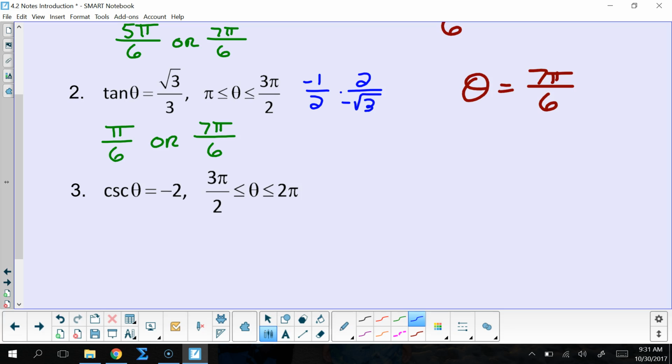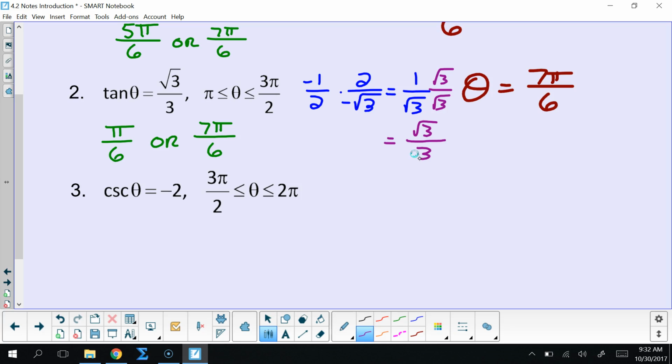Okay, so that gives me positive 1 over the square root of 3, which if I multiply by the square root of 3 over the square root of 3, then I get the square root of 3 over 3, which is what I want.